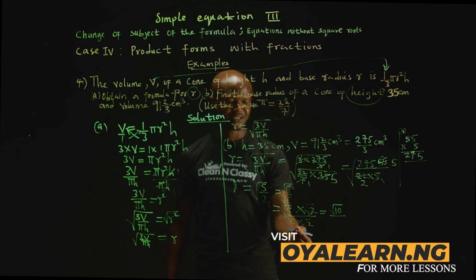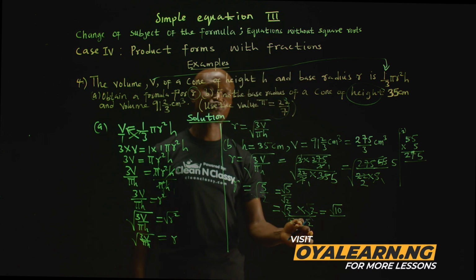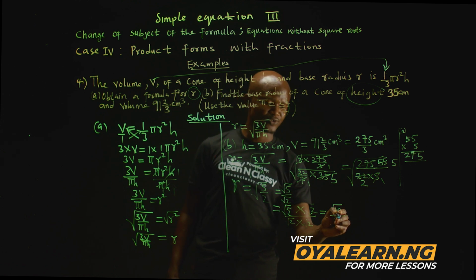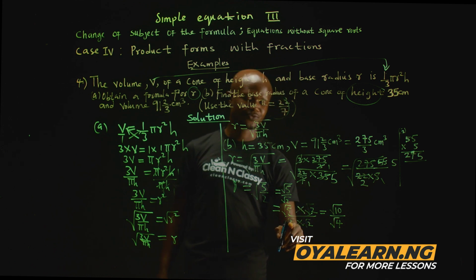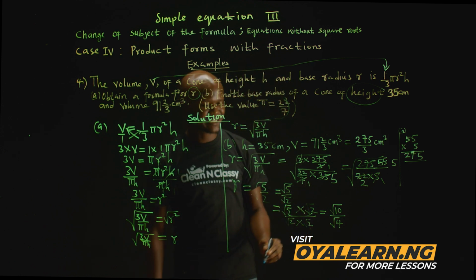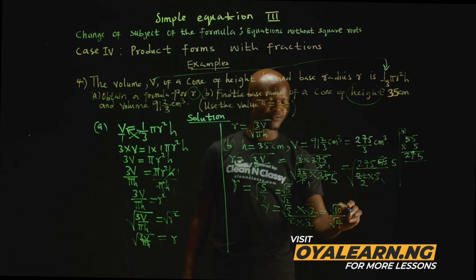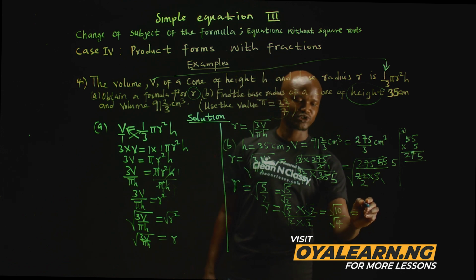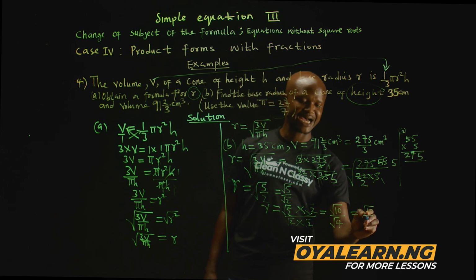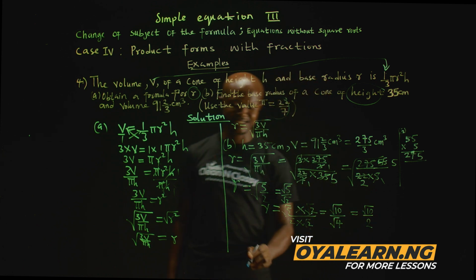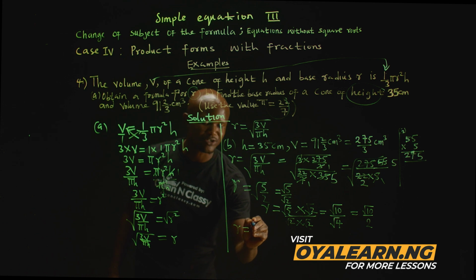Then divided by, what are we having here? Root 2 times root 2: multiply inside, that is root 4. 2 times 2 is 4. So r equals square root of 10 divided by square root of 4. 4 is a perfect square, so that is 2. So r equals 1 over 2 root 10.